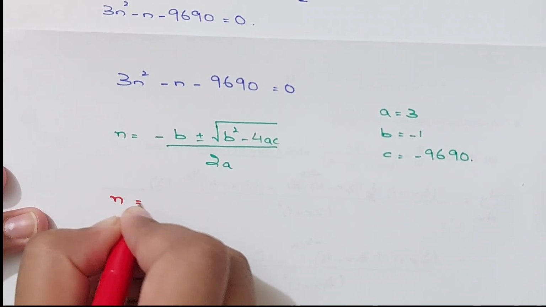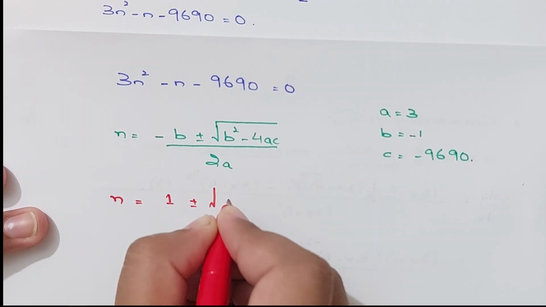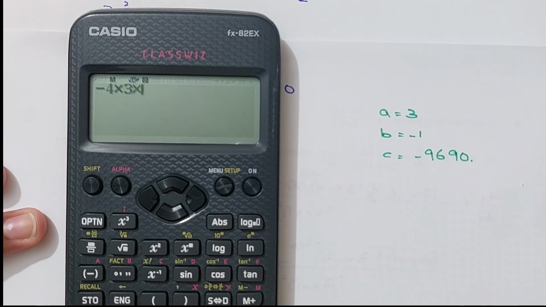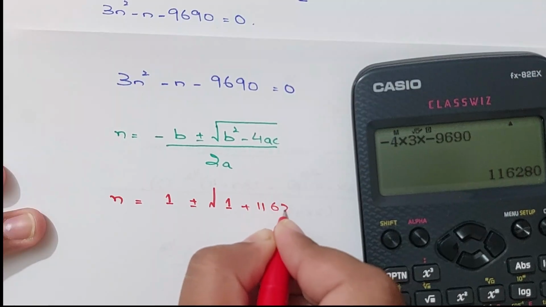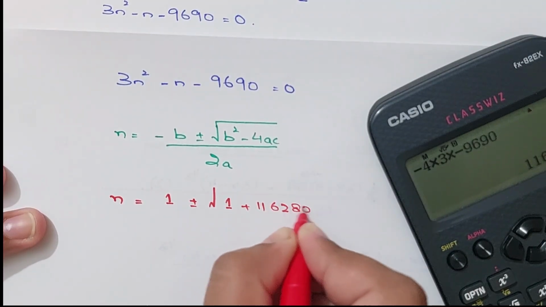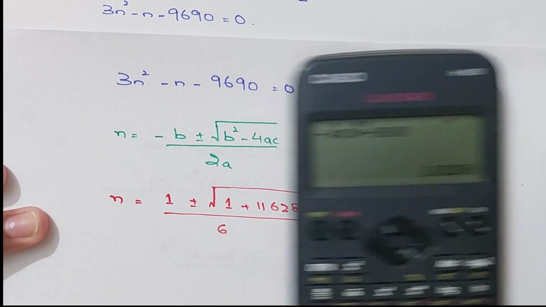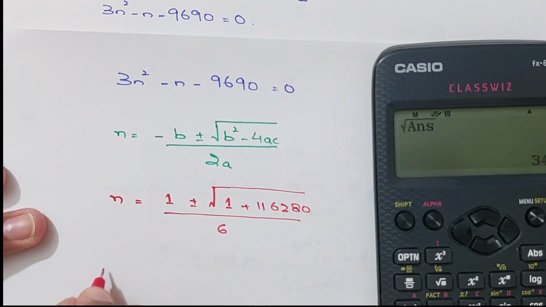So n equals negative of b, which is 1, plus or minus the square root of b squared, minus 1 squared is 1, minus 4ac, minus 4 times the a value times the c value, which is plus 116280, divided by 2 times 3, which is 6. So add 1 and take its square root, 341. n equals 1 plus or minus 341 divided by 6.